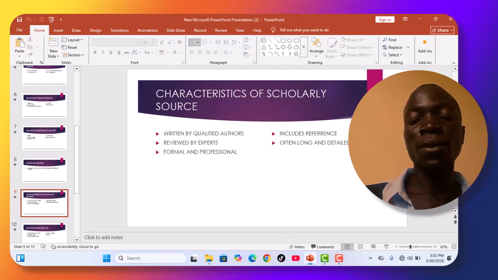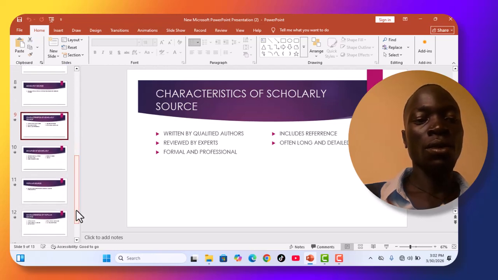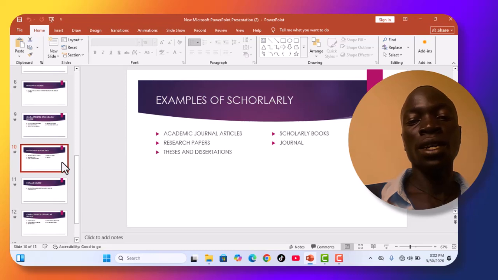It will help one during citation of your work, maybe when it is online or when a student is doing research. So I can give you examples of a scholarly source.